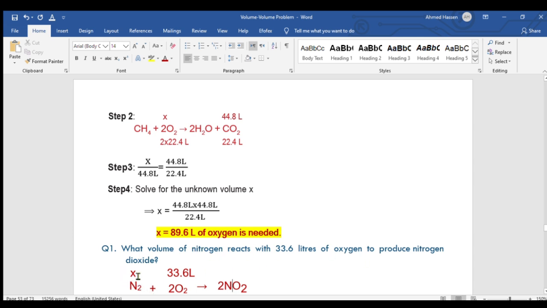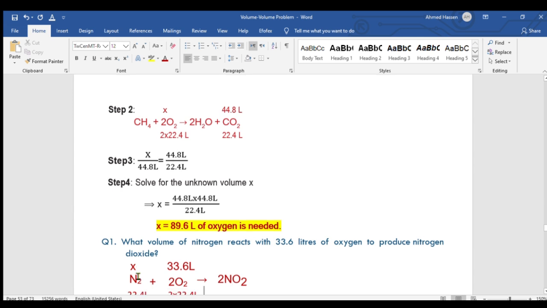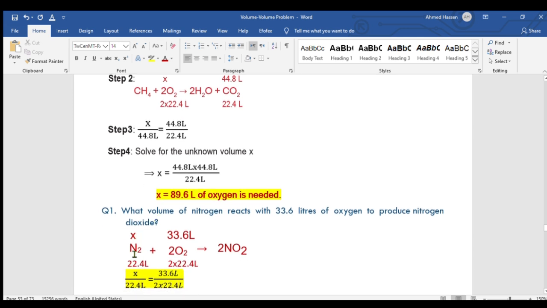Write X above nitrogen, and below it molar volume times 1, because the coefficient of nitrogen is 1. But for oxygen it is 2 times molar volume, so X over 22.4 is equal to 33.6 over 2 times molar volume.